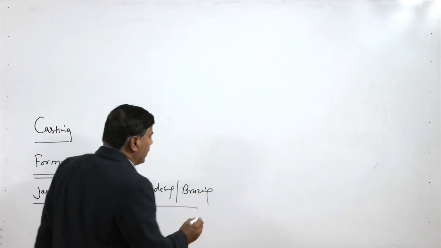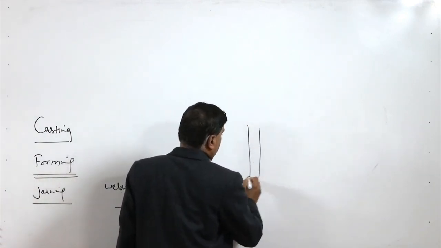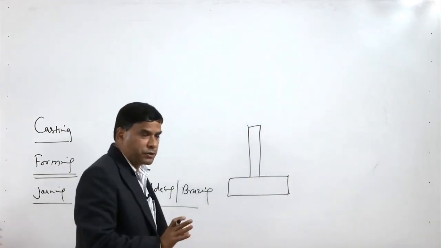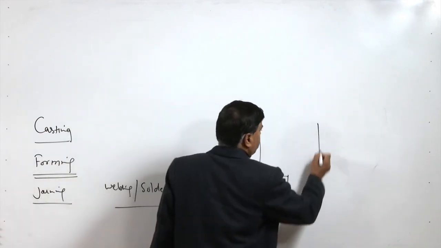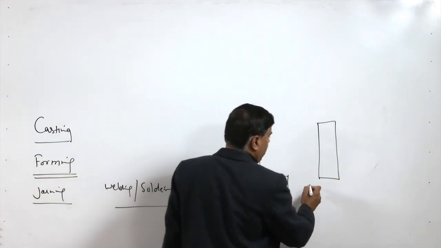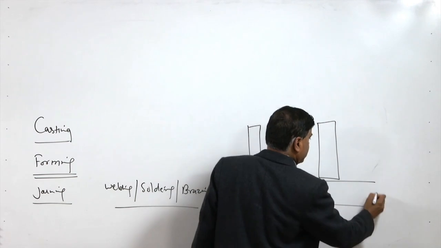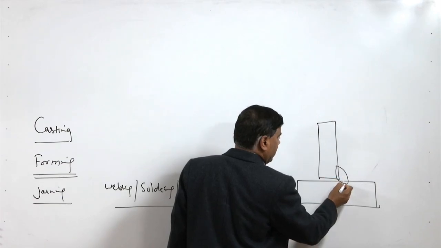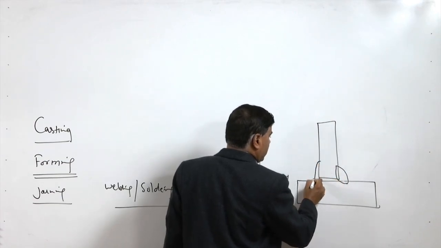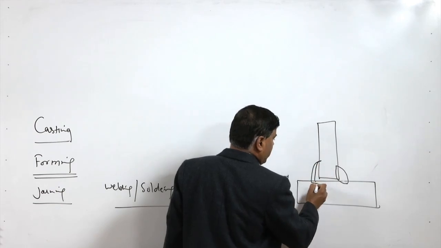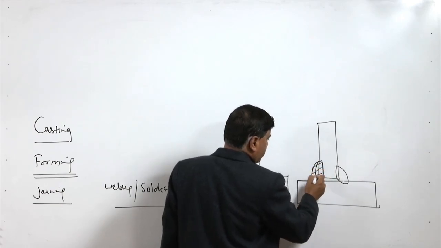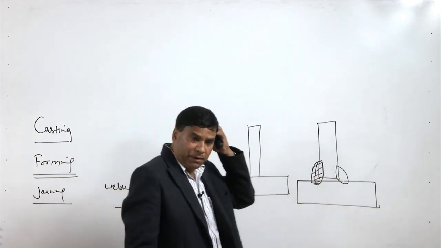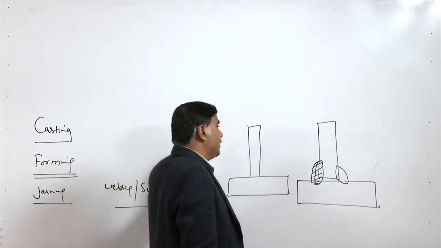So, here what we do, since making complex products in one go of such kind of geometry is difficult, we take two simple shapes like this and another one like this, and the two are joined together by fusing the components partially along the interface. So, this is how the joint is developed. Otherwise it is not that easy to make such kind of shape using the deformation based process.